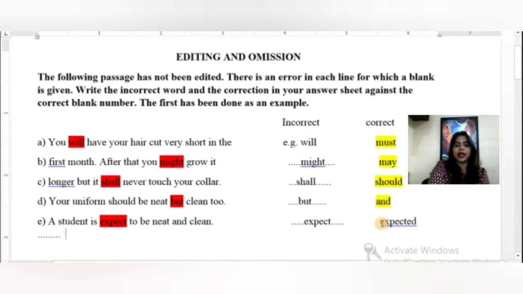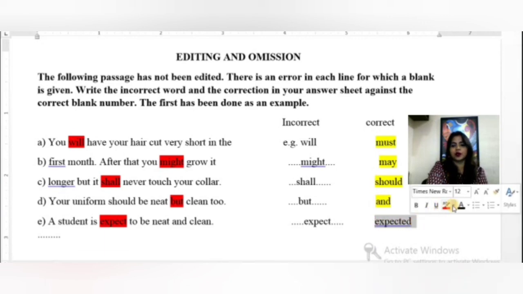Now this can only happen when students are thorough with the previous concepts they have learned in middle school, because it is very important that their previous concepts of modal auxiliary verbs, prepositions, conjunctions, active passive voice, direct indirect speech, transformation of sentences, adjectives, determiners, and articles should be very clear. Also subject verb agreement.